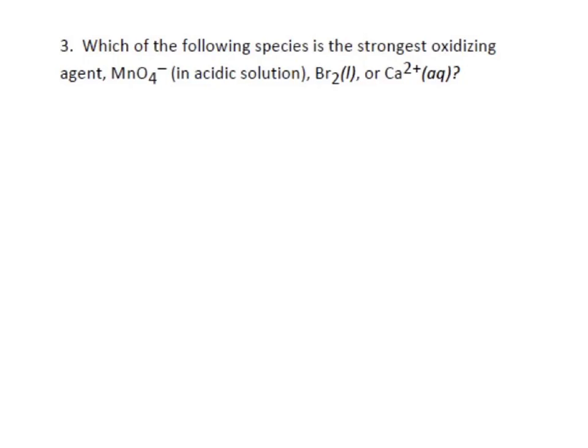So if we go over to number 3, it says which one of these is the strongest oxidizing agent? They don't use the word oxidizing agent in the AP world anymore. So we're going to put which of the following is more apt to be reduced.